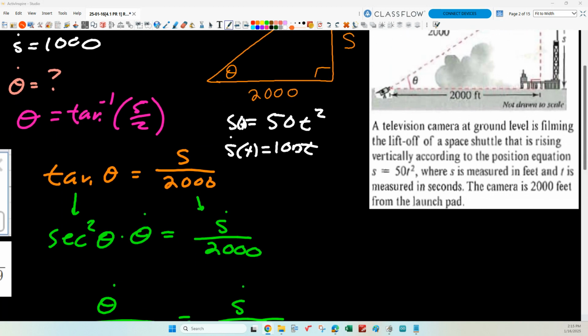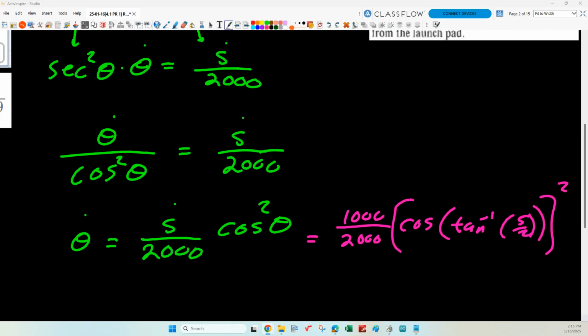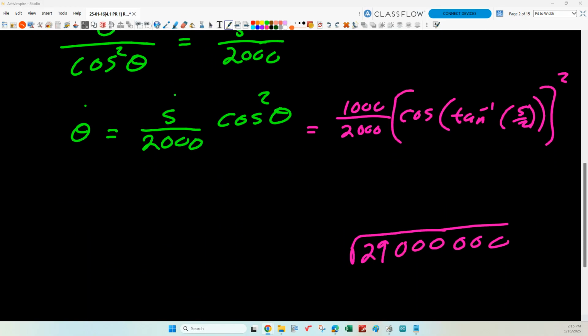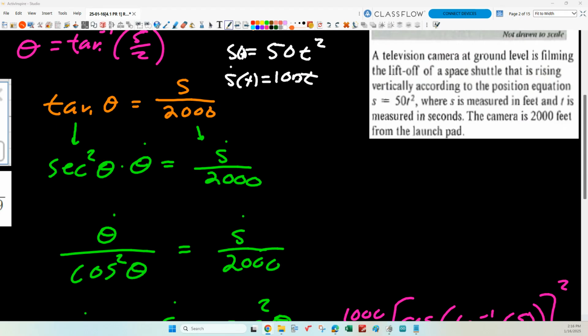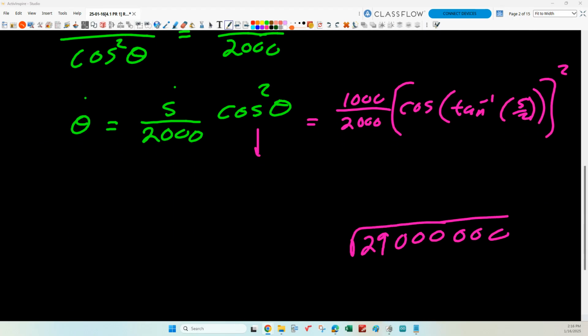So I could replace this cosine theta with, what was it again, 2,000 over the square root of 29 times 1,000.